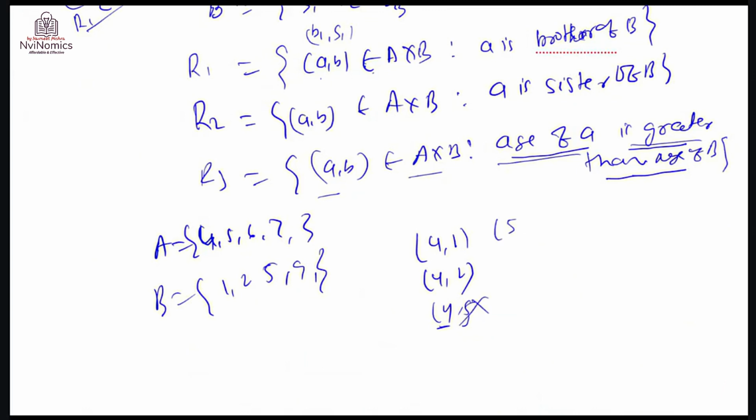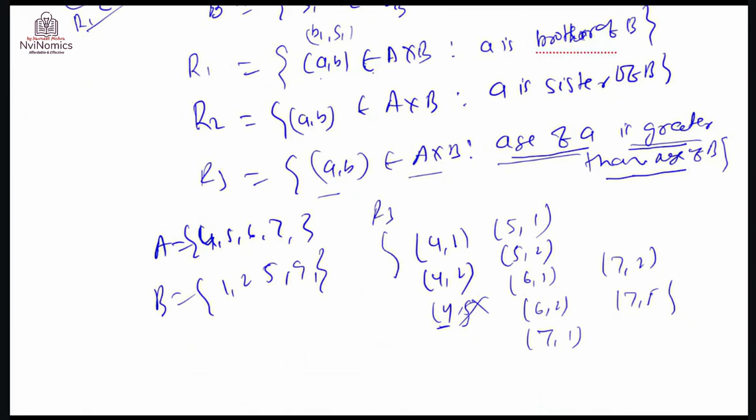But you can see (5,1) we can take, (5,2) we can take, right? And also (6,1) we can take, (6,2) we can take, and (7,1), (7,2) and (7,5). So these are the elements of this R3.